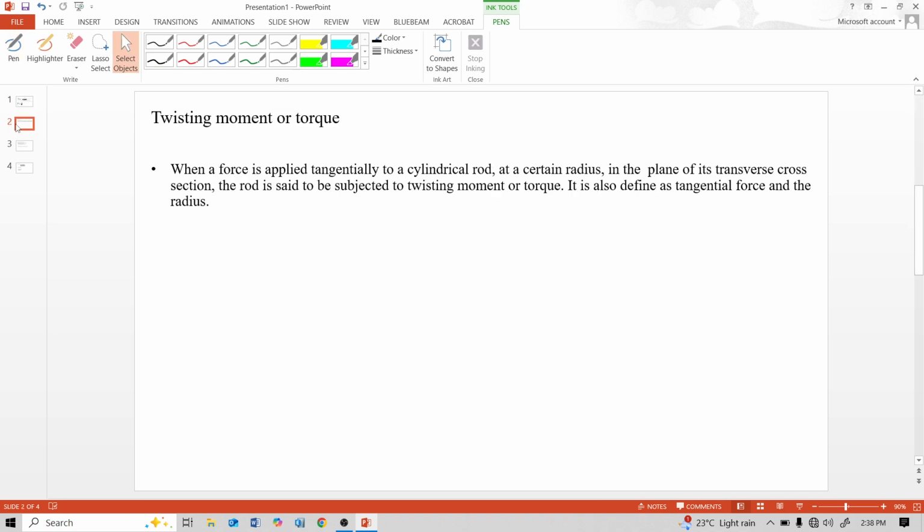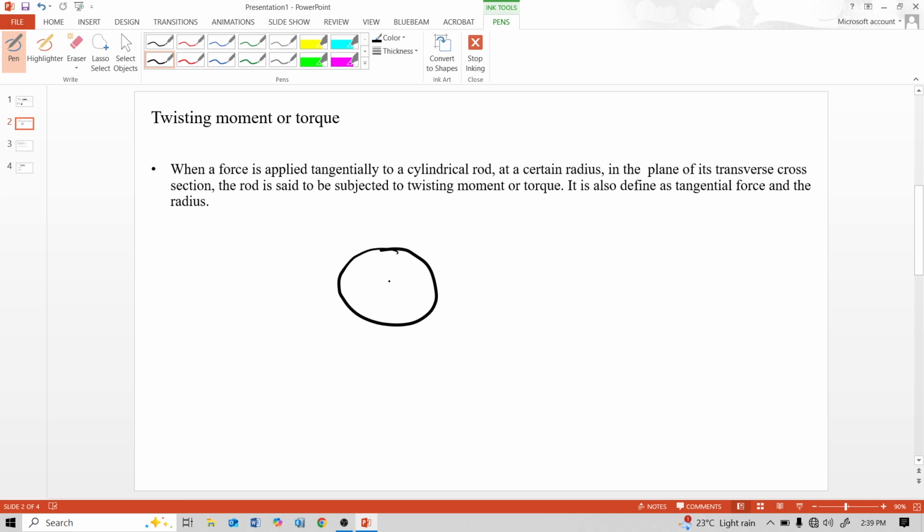Second, twisting moment or torque. When a force is applied tangentially to a cylindrical rod at a certain radius in the plane of its transverse cross section, the rod is said to be subjected to twisting moment or torque. It is also defined as tangential force times the radius. So consider this as a cylindrical rod.